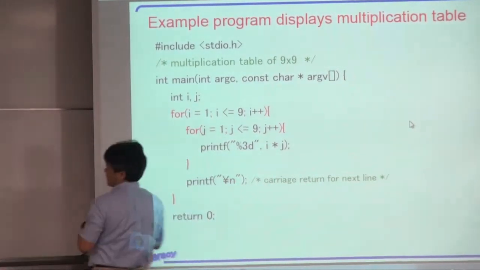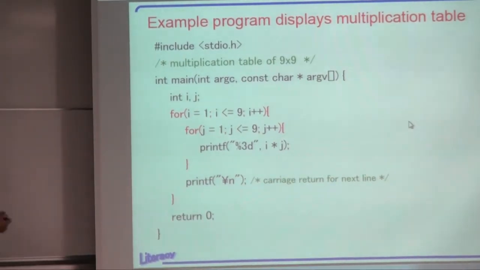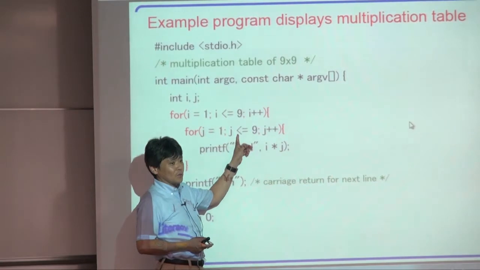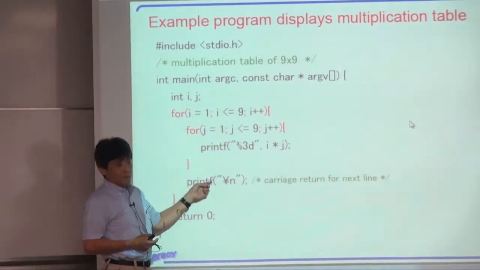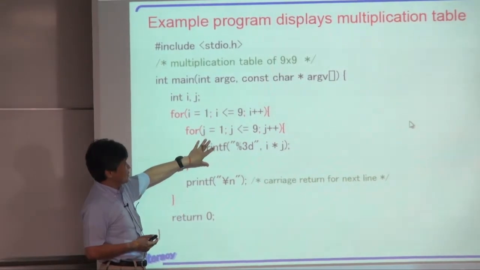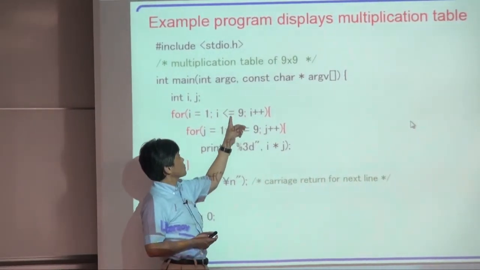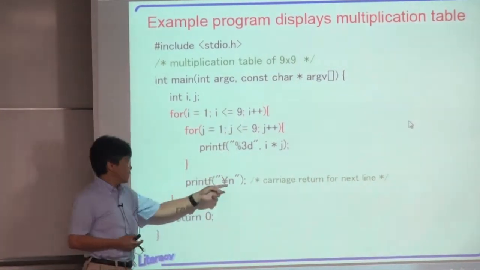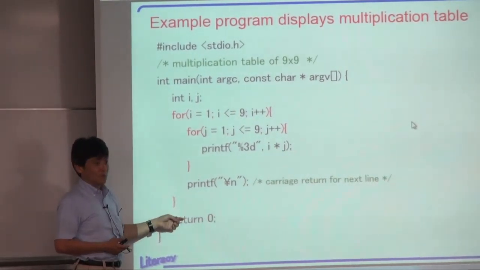After that, j becomes 10, and this condition will be false. Then execution exits from this block. After that, i becomes 10. Then this condition will be false. So execution exits from these for sentences.